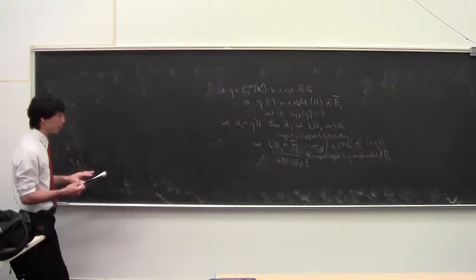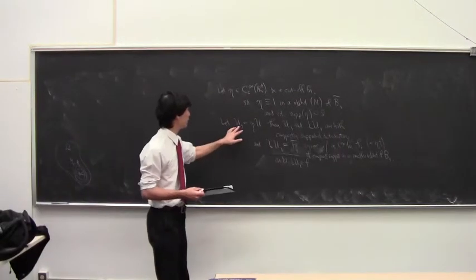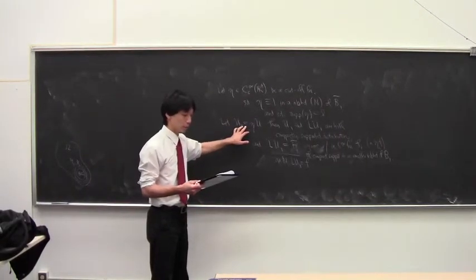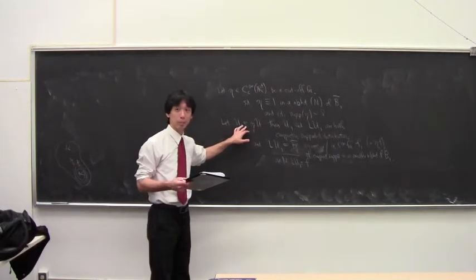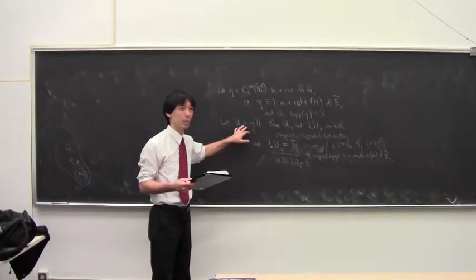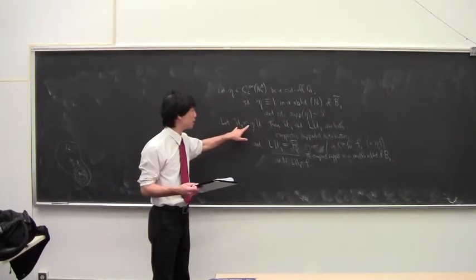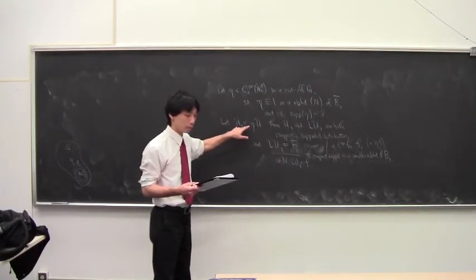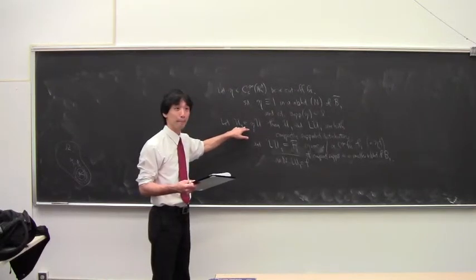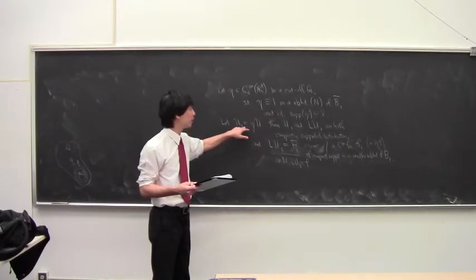So what we're going to do is show that this U1 agrees with a C infinity function on B, using the compactly supported parametrices from the corollary.